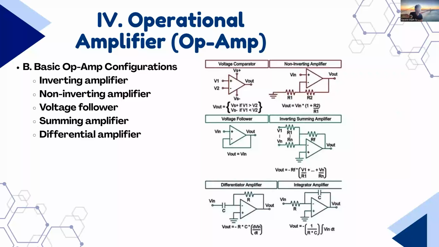Basic op-amp configurations. By rearranging external resistors around the op-amp using negative feedback, we alter the closed-loop gain and circuit behavior. First, the inverting amplifier.